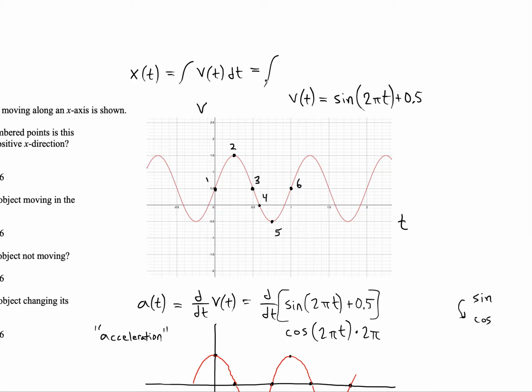We want to find the antiderivative of sine 2 pi t plus 0.5 dt. Alright, so see if you can find that antiderivative. It is a little tricky. You might have to think back to your calc experience to do that.